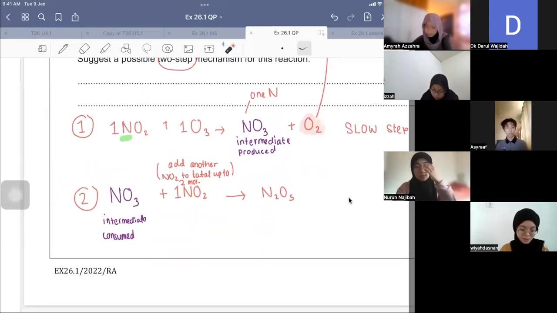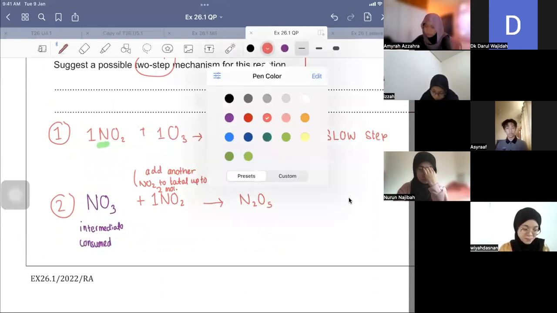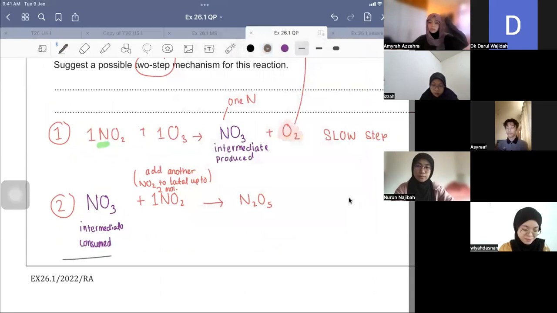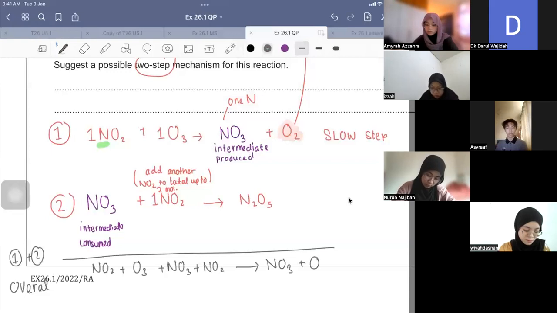Okay, so if I add these up, if I add the 2 equations up, overall, step 1 plus step 2 should give me overall NO2 plus O3 plus NO3 plus another NO2 to give me NO3 plus O2 plus N2O5.